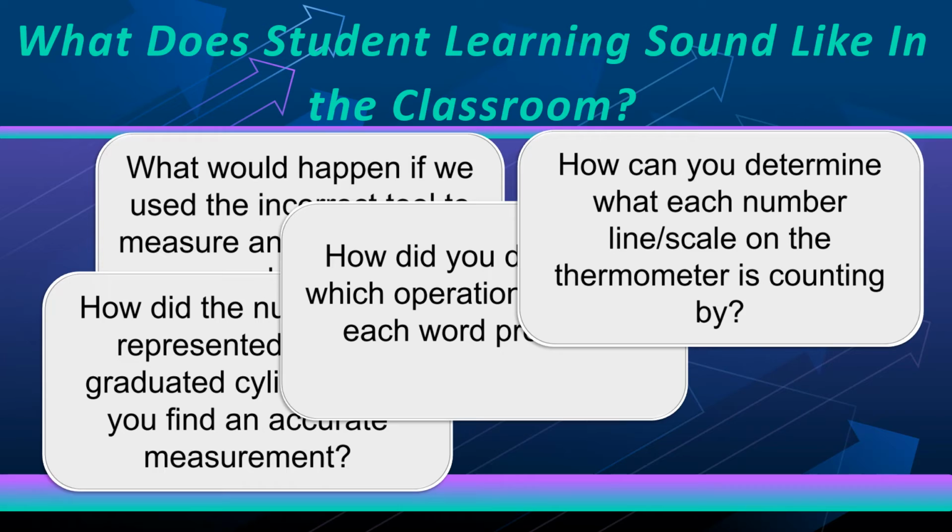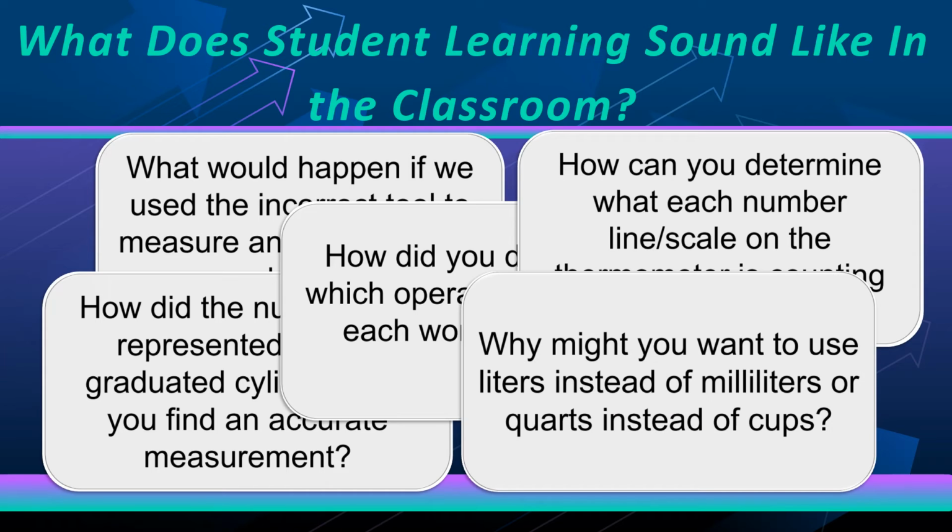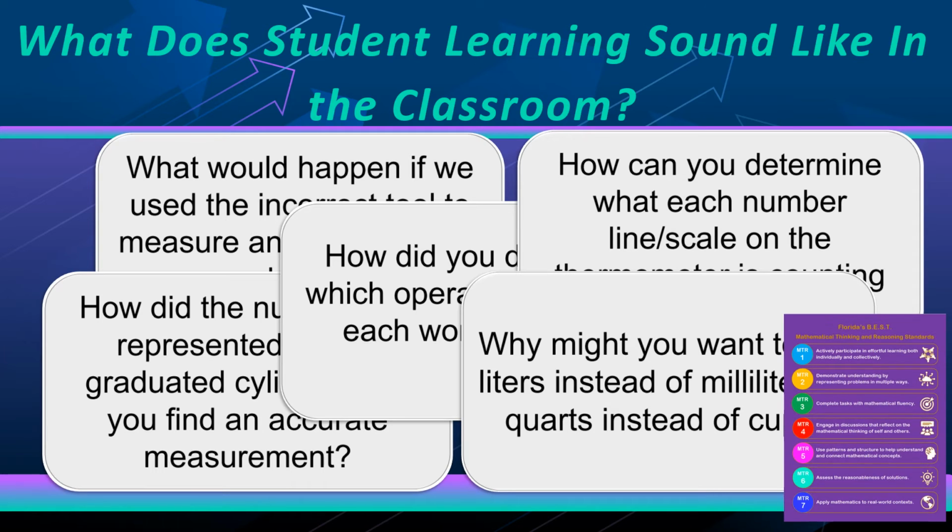How can you determine what each number line or scale on a thermometer or other measuring tools is counting by? And then why might students want to use liters instead of milliliters or quarts instead of cups? This will get a real gauge on how students are understanding the size of each unit. So in this unit and throughout this discussion, students will demonstrate MTRs 4, 5, and 6.